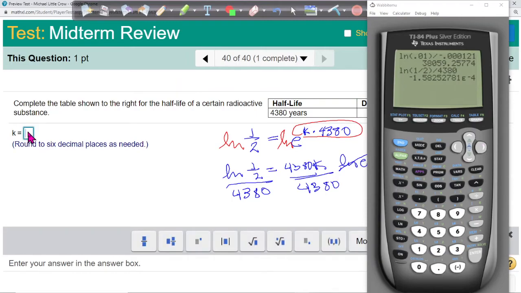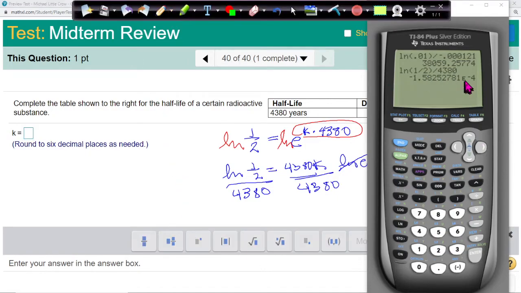So it's going to be, well, let me write it out here while I'm here. So what this is 10 to the negative 4. So this moves it back 4 places. 1, 2, 3, 4. So negative 1.5825278.